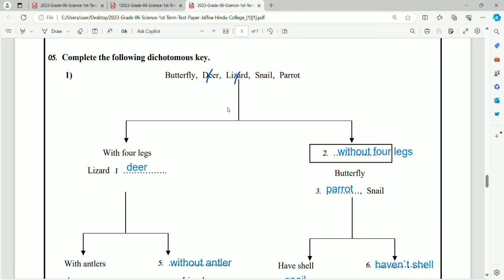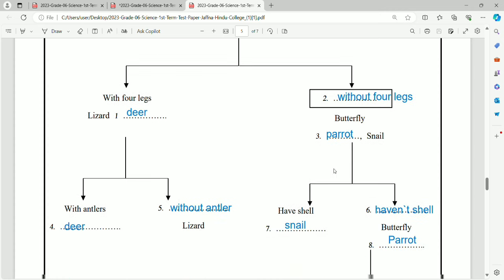Okay, this is the dichotomous key. In this dichotomous key, butterfly, deer, lizard, snails and parrots. Deer and lizard have 4 legs, so they come under with 4 legs. The other things come under without 4 legs. Example: butterfly, snails and parrot come under without 4 legs.